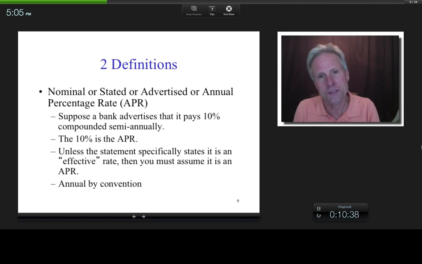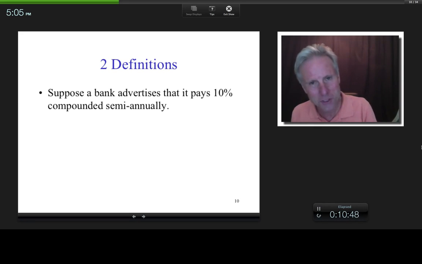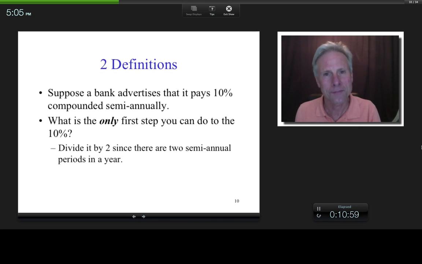So what do you do with this? Well, let's take a look. Say a bank advertises that it pays 10% compounded semi-annually. Well, by definition, not by understanding, but by definition, there's only one first step that you can take with that 10%. Do you know what that is? Well, basically divide it by 2. Why? Because there are 2 six-month periods in a year, and the 10% is annual by convention.